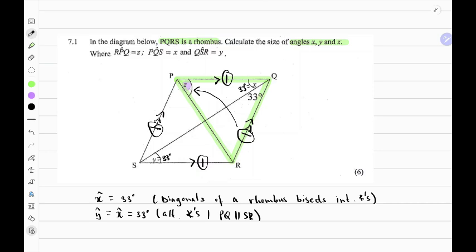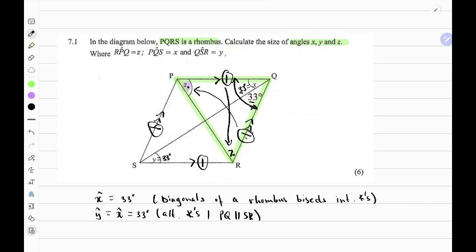So this angle here is across this equal side, and this angle here is across this equal side. So if this is Z, it means that this should also be Z. And we have this composite angle here to be 66 degrees because it's 33 plus 33.